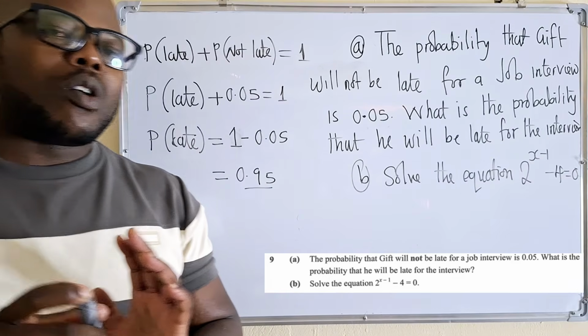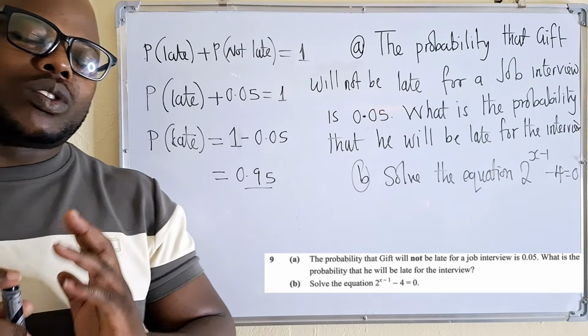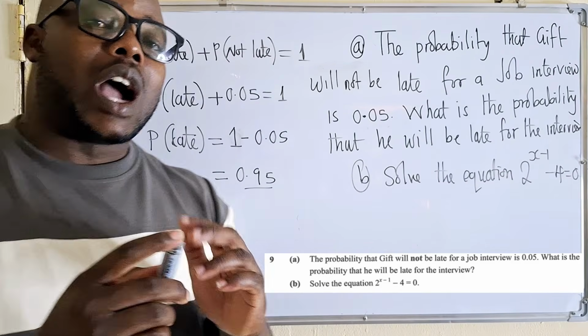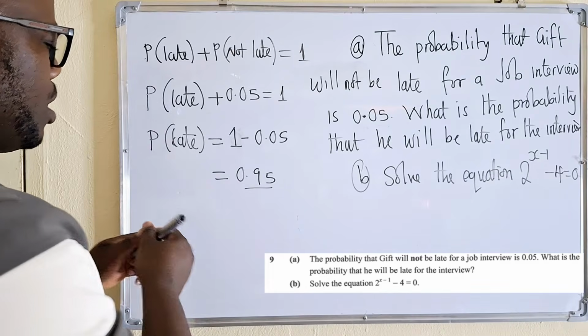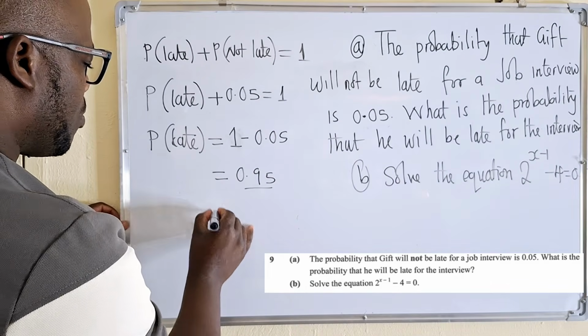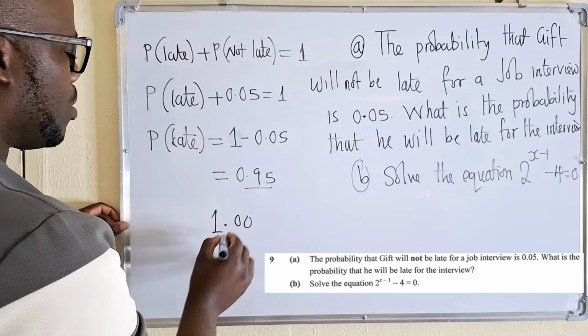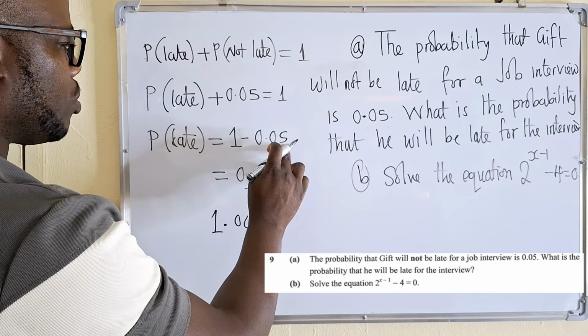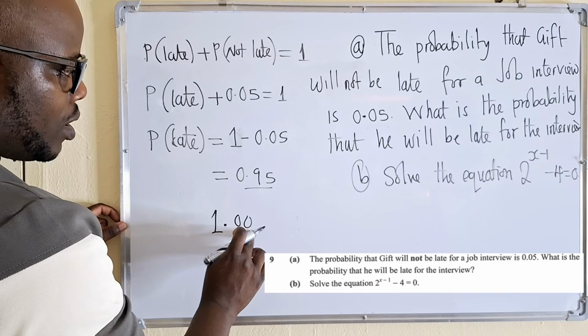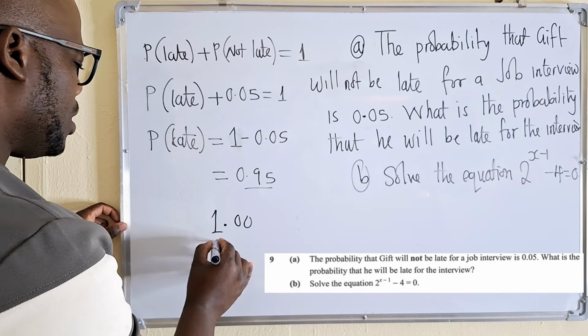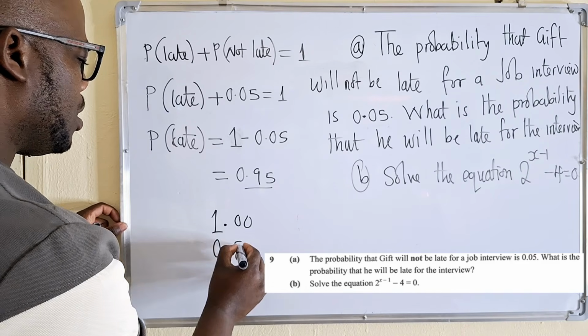So to the people wondering, because we're not supposed to use a calculator for this question, have managed to get this. So you can see that we put a 1, which is a 1 number. So we shall say 0.00, okay? Because it's 2 decimal places. So we're going to put the zeros here. And here we say 0.05.